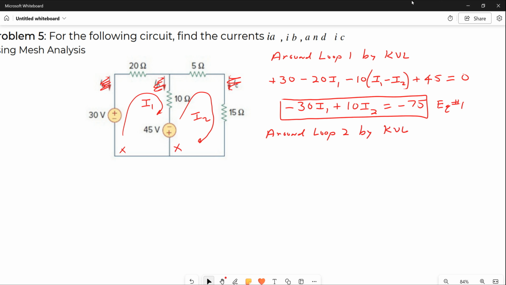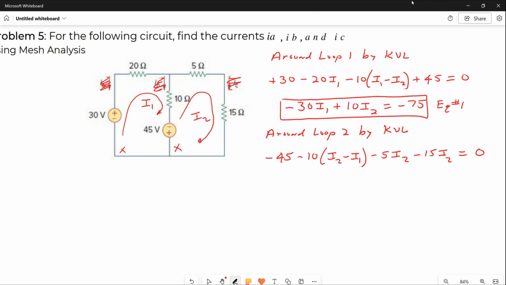See if you get this. A negative 45. I'd stop the video and then see if you get what I get. Negative 45 minus 10 times I2 minus I1, minus 5 I2, minus 15 I2 equals 0.